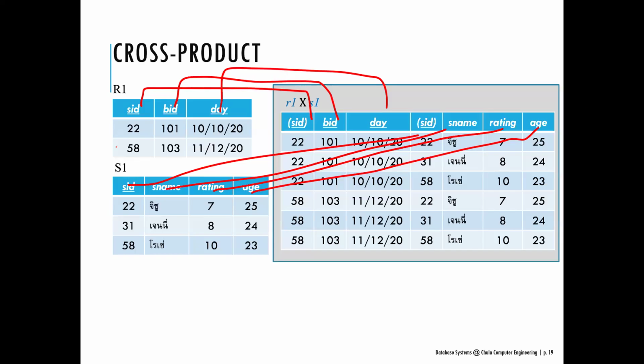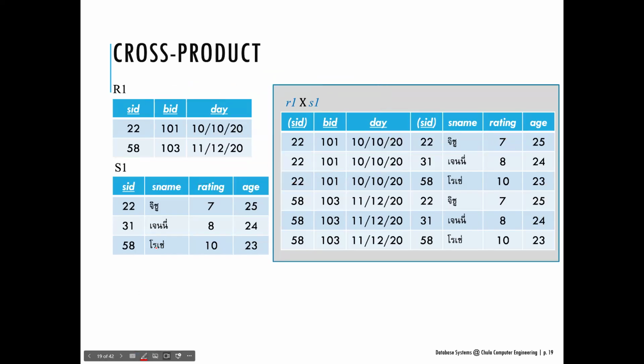Now, when we talk about the tuples, it will be every pair. So it will be like a mess, right? If you take a look at this, I have this 22, this line coming here. And then I have to combine it with the, let me change the color a little bit.